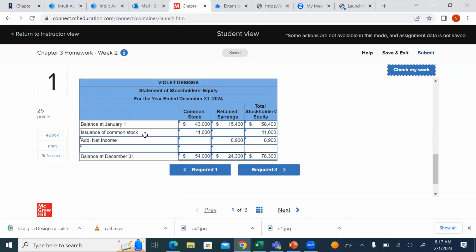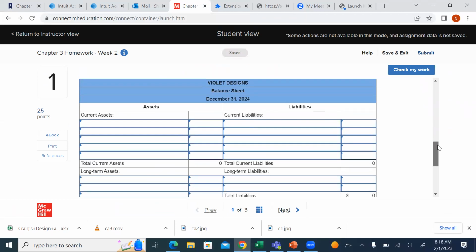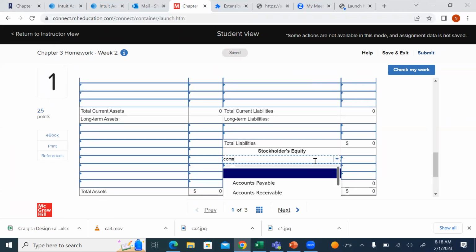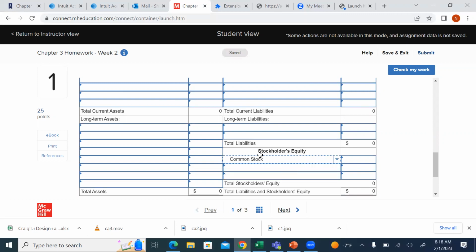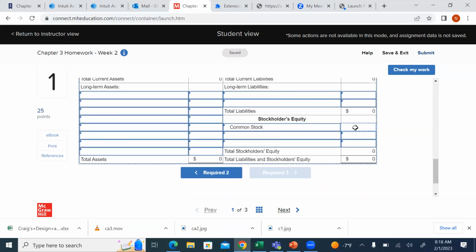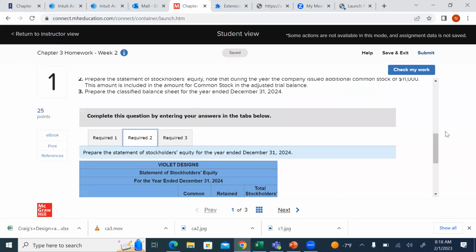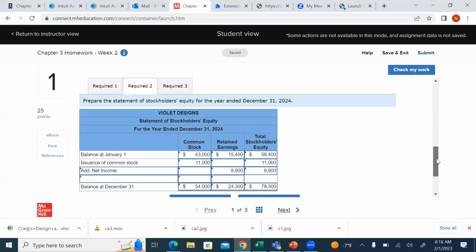Now, guys, we need the common stock of 54,000 and the retained earnings of 24,300 to complete our balance sheet. Okay? So, our stockholders' equity, the common stock, what did I just tell you it was? 54,000. And the retained earnings, 24,300. 54,000 plus 24,300 is 78,300.